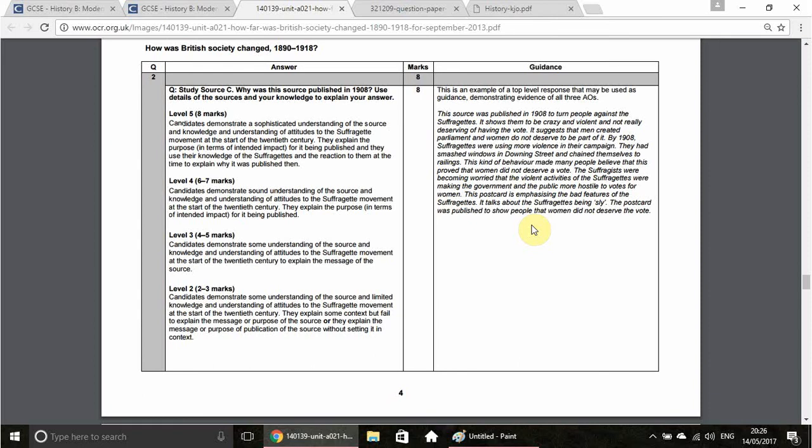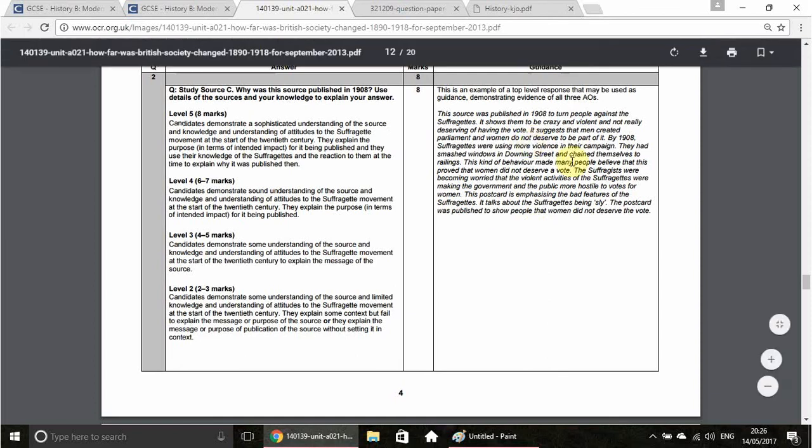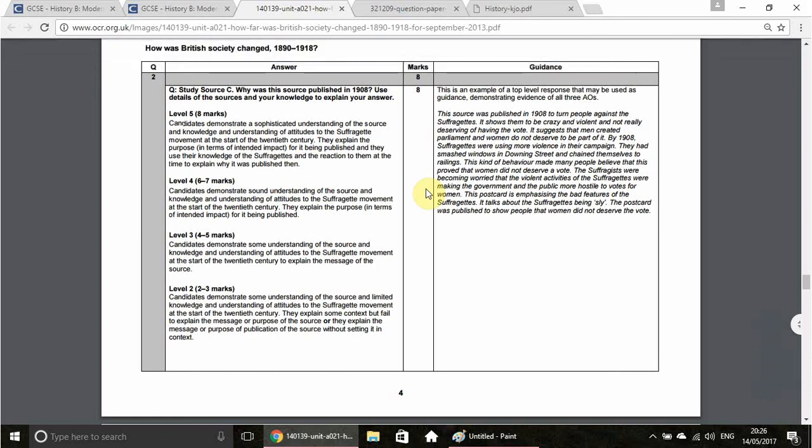This is backed up by my own knowledge, because my own knowledge says that the suffragettes did crazy things such as smashing windows, and people thought that they were behaving badly and didn't deserve the vote. That would be a worse version, essentially, of this answer here, and that would get you 6 or 7 marks. But in order to get up to the higher marks for this type of question, you need to be specific to the time.